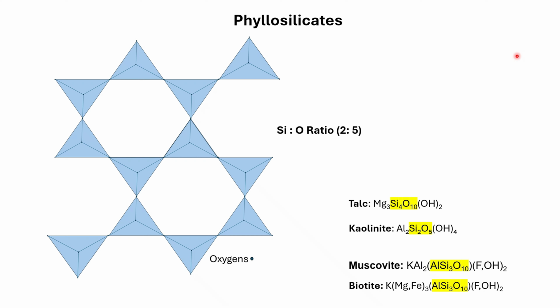And even though the formula looks complex for muscovite and biotite, in the tetrahedra sheets, tetrahedra linked together share oxygen atoms, and because of this sharing, the overall silicon to oxygen ratio simplifies to 2 to 5, and this is exactly what we expect. So you can see Si4O10, you cancel this down, you get 2 to 5.